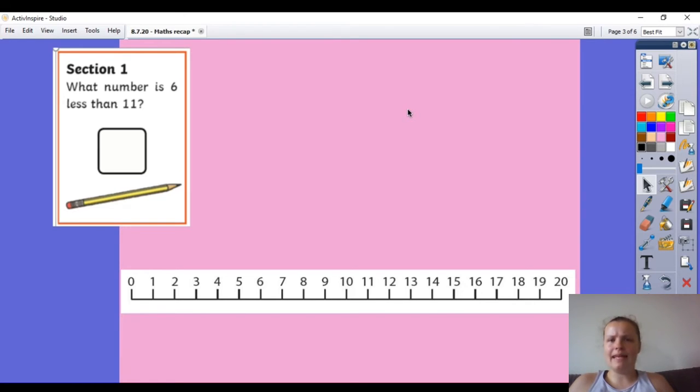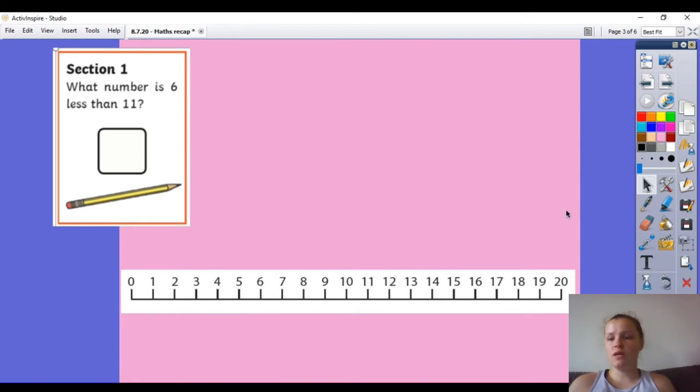What do I mean by less? So, when I ask you what is 6 less than 11, it's another way of saying 11 take away 6. What's the number that is worth 6 less than 11?